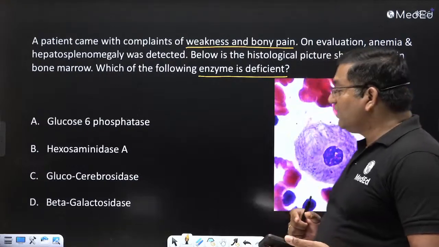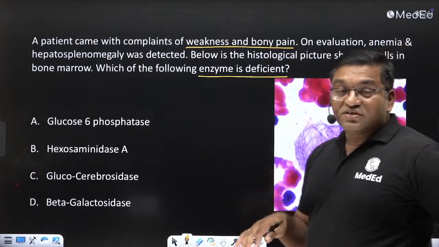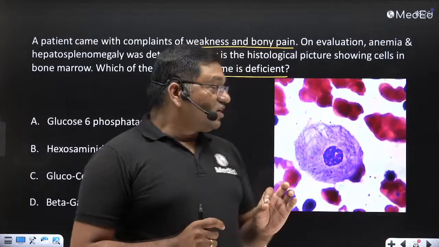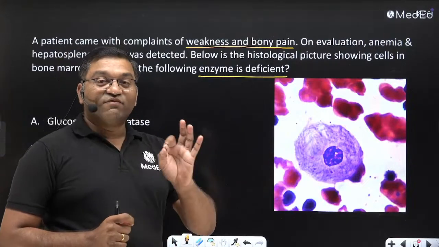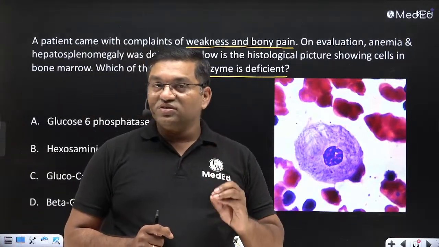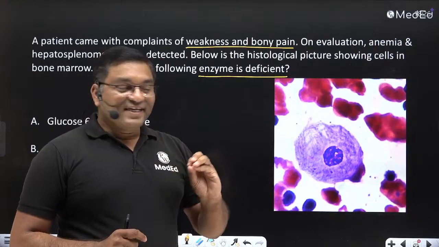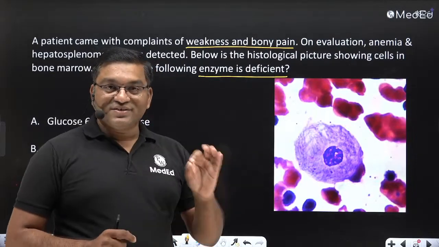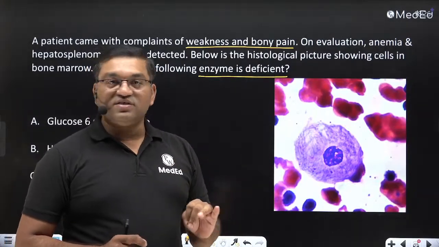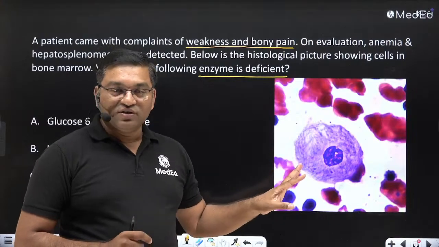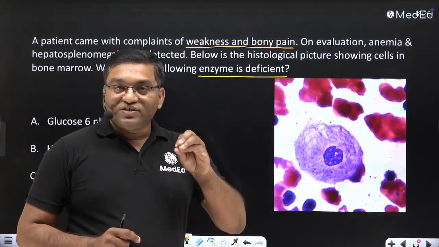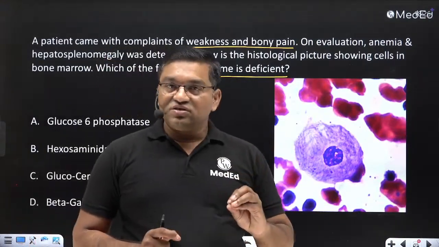Gaucher's disease is a frequently asked question. Each and every point about Gaucher's disease is important. There is no cherry red spot in KGF. Remember that KGF means Krabbe's, Gaucher's and Fabry's disease. There is no cherry red spot. Mental retardation is very rare in Gaucher's disease.